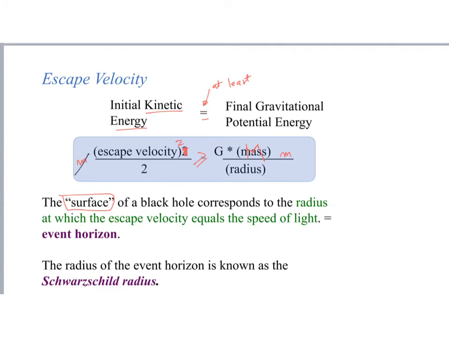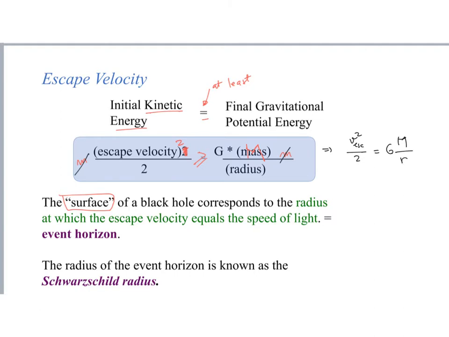So you see these cancel, and you end up with v escape squared divided by 2 equals G M, the mass of the object that exerts the pull again, over the radius.